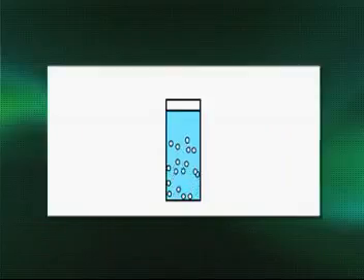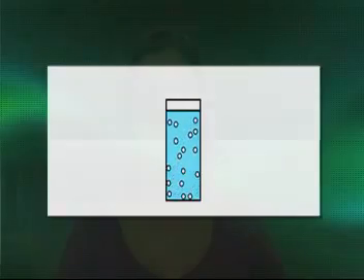Let us look at an example of the concentration gradient. As you can see, there is a sugar cube in a glass of water. As the sugar dissolves, it diffuses within the water. Diffusion happens when particles spread out.